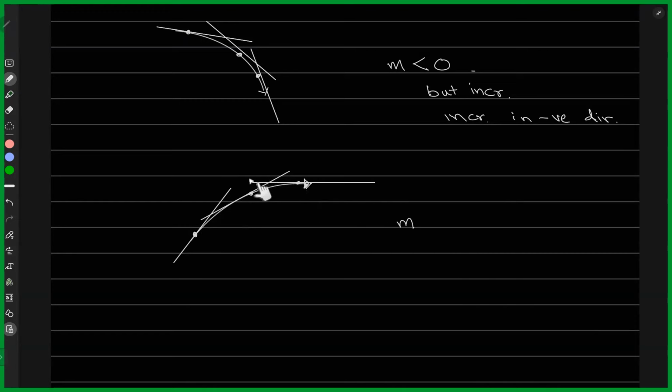So remember, for this line, we saw that the gradient becomes 0. So the gradient is going towards 0. And how are we going to do that? By decreasing. So the gradient is decreasing in this case. So it's a positive decrease.